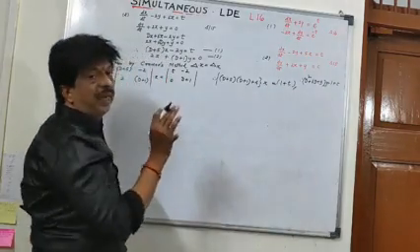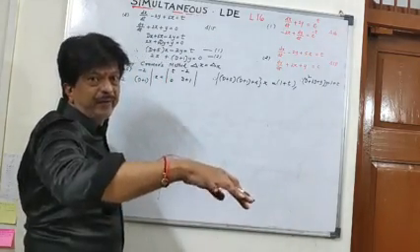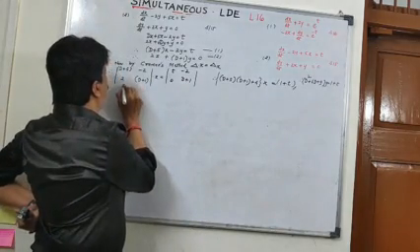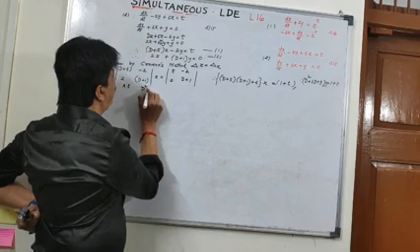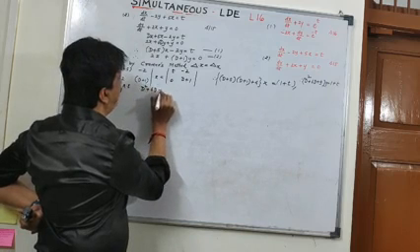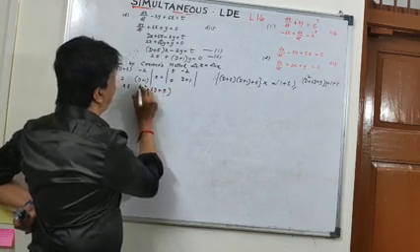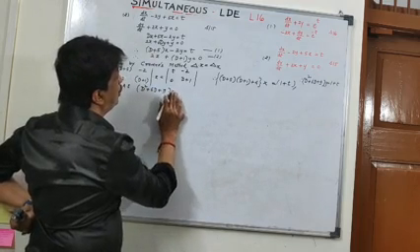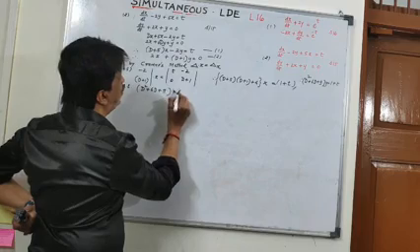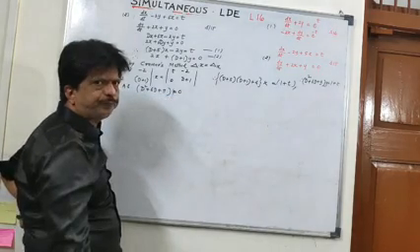Now this is the linear differential equation in dependent variable x, whose auxiliary equation is f(D) = 0, that is D² + 6D + 9 = 0.